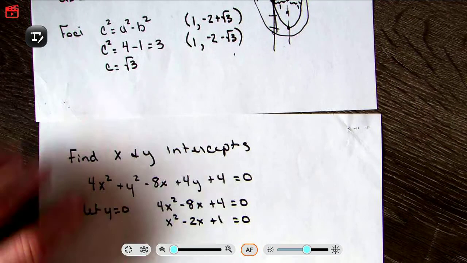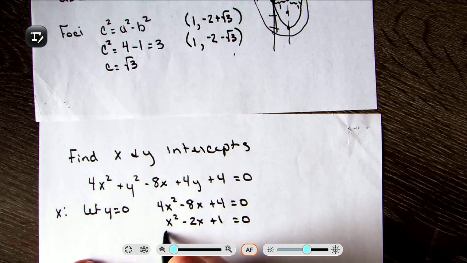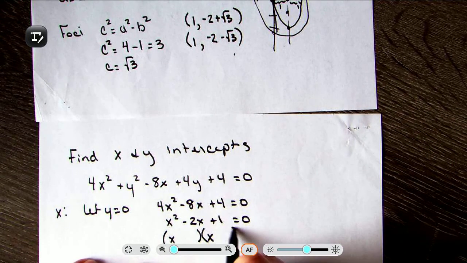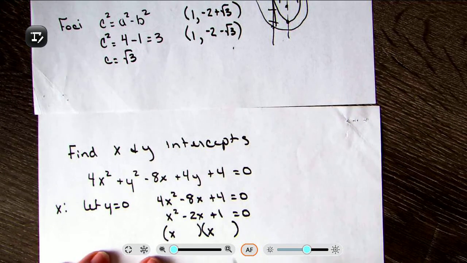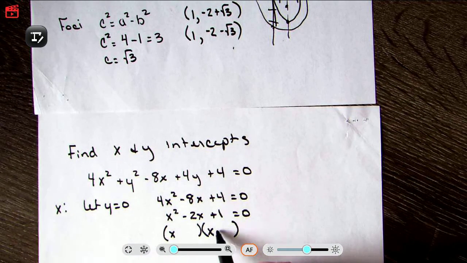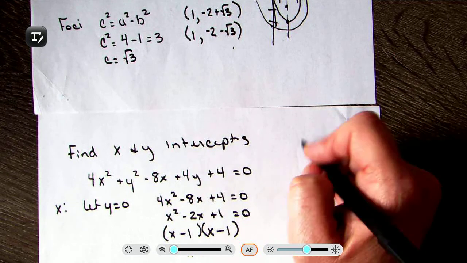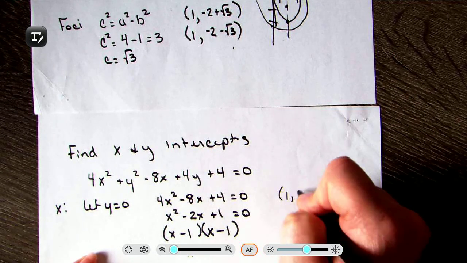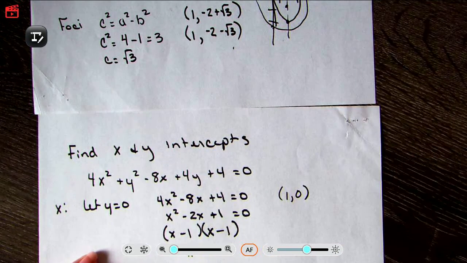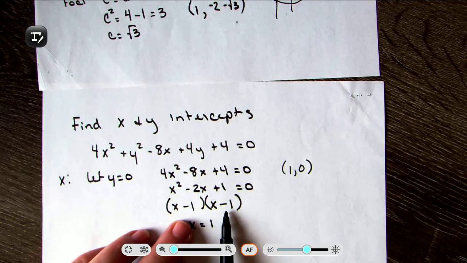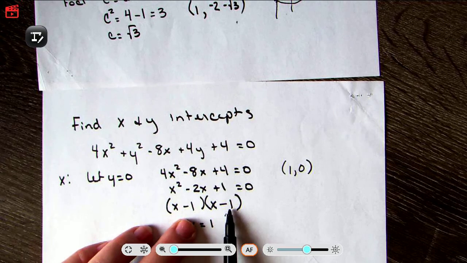And then I'm going to try to factor it. Since my leading coefficient is 1 on the x squared, I'm going to just have x and x to get 1. Well, that means we're going to have a minus 1 and a minus 1. So that means that x is equal to 1 is my x-intercept. And notice we did have 1. We could have had it factor differently. We might have even had to go to the quadratic formula to find them.